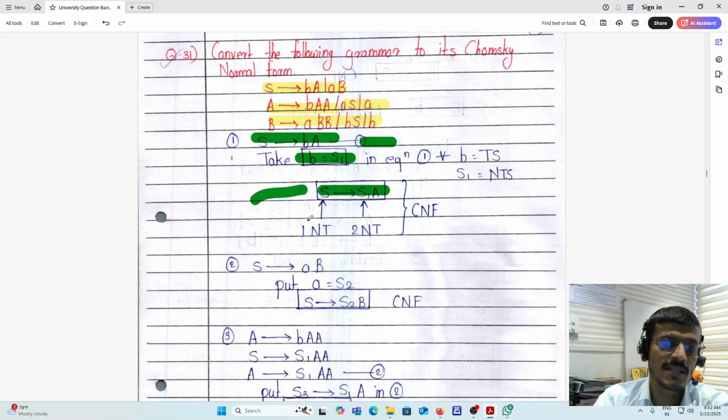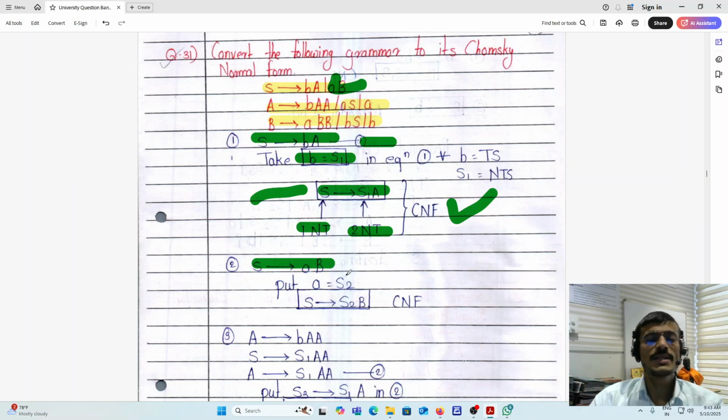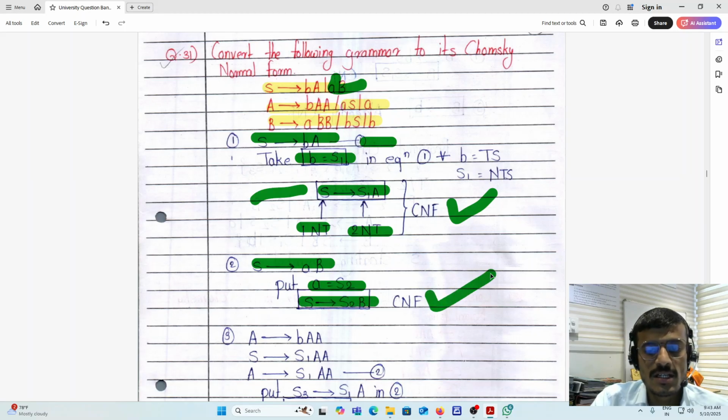On the LHS there is one non-terminal symbol, and on the RHS two non-terminal symbols, so hence it is a CNF. Again, if you take the second production, S tends to AB, instead of this terminal symbol A we can put S2, so that it gives you S tends to S2B. Again it is a Chomsky normal form.